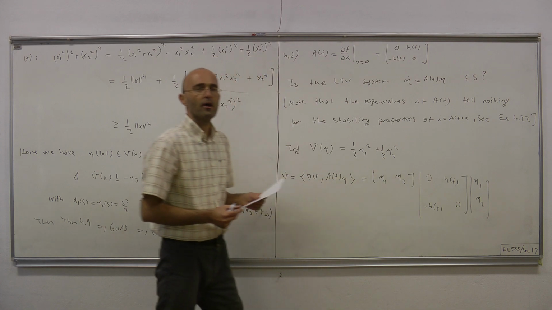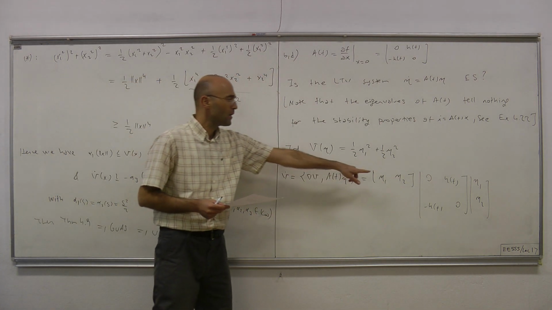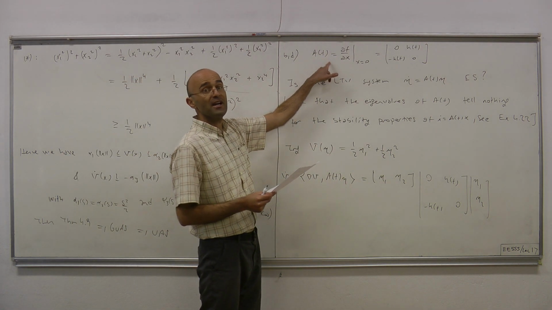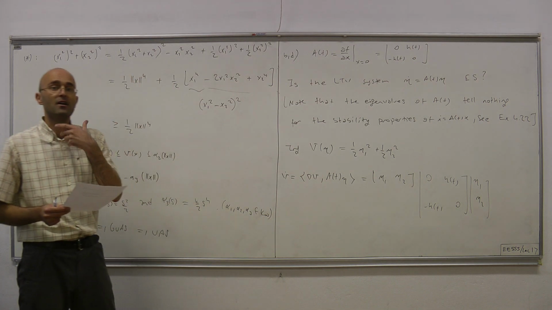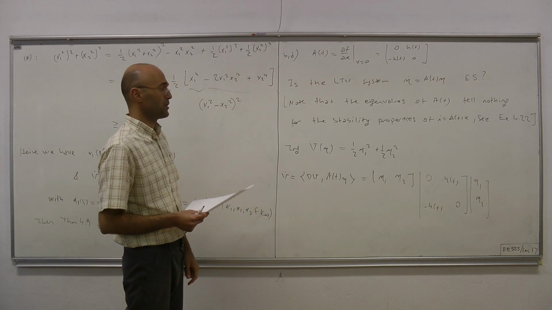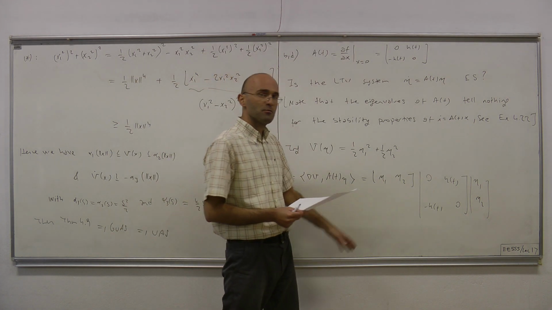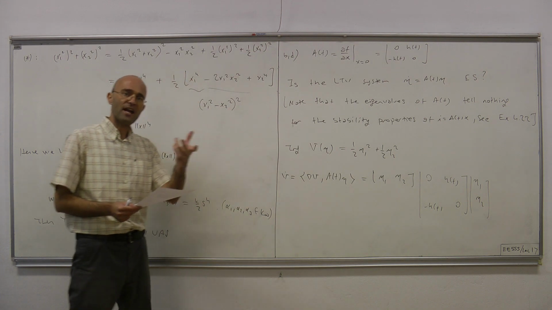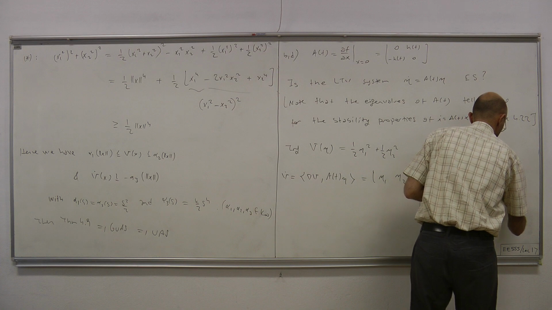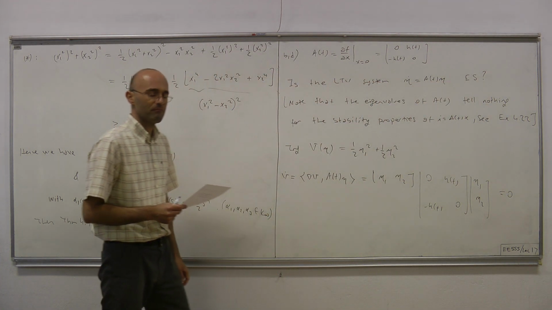Note that we don't have to worry about h of t to compute this product, because A of t is a skew symmetric matrix. That is, its transpose equals its negated version. And whenever we have a skew symmetric matrix, x transpose times that matrix times x is always 0. In this case, we have V dot equals 0.